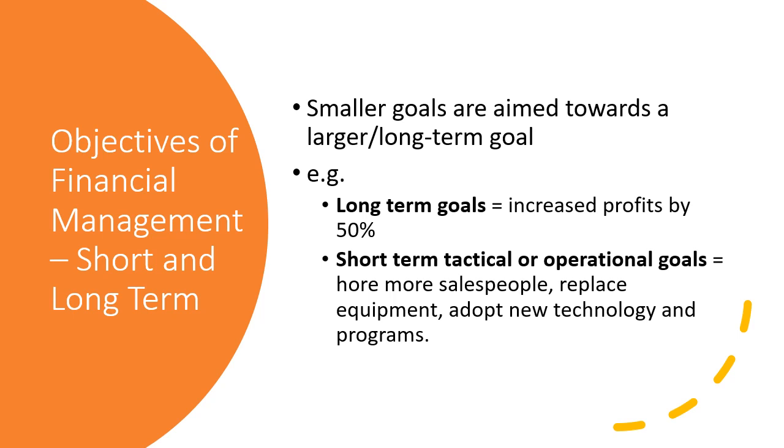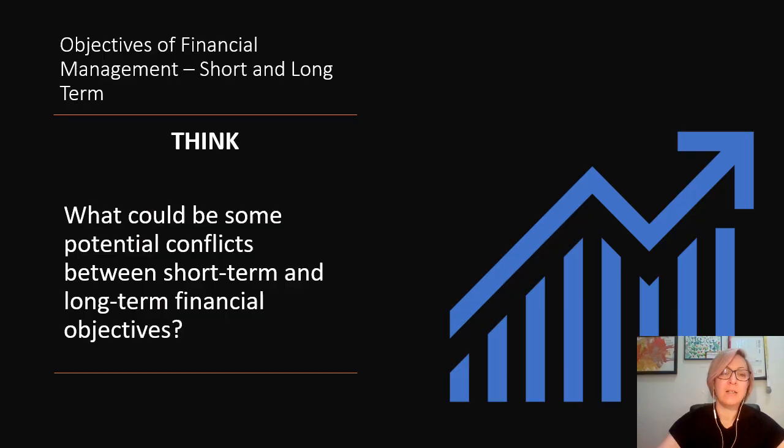These are the kinds of things you can do in the short term in order to achieve the goal, which is your increased profit of 50%. So this is a question that we could look at, and we'll be able to answer it better when we look at the next couple of slides, which look at a case study on Wesfarmers.